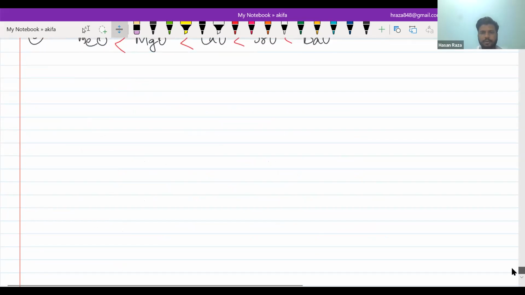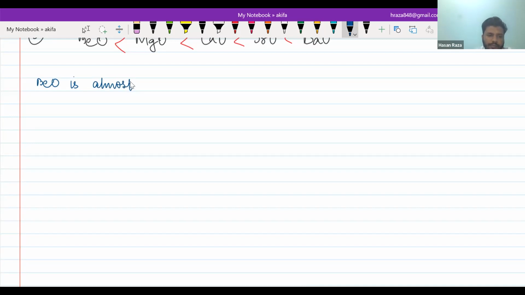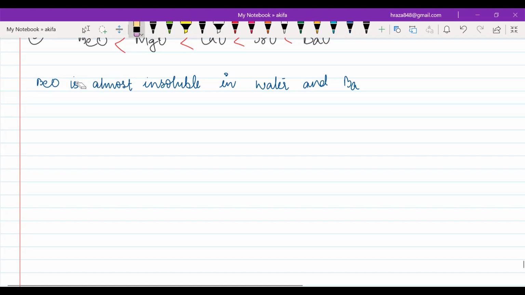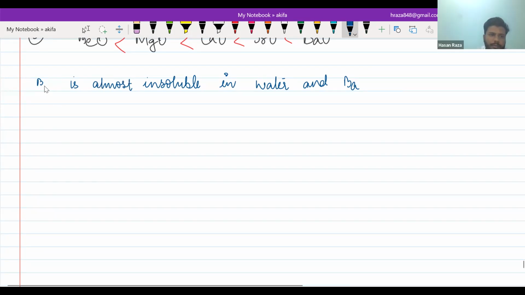Okay, moving to the next. Beryllium oxide is almost insoluble in water, while beryllium sulfate, BeSO4, is soluble in water.